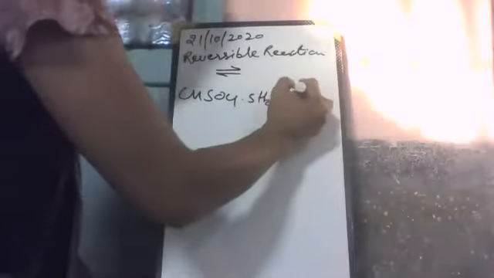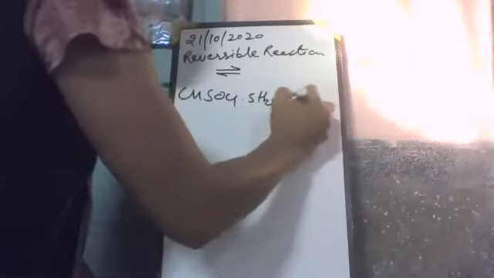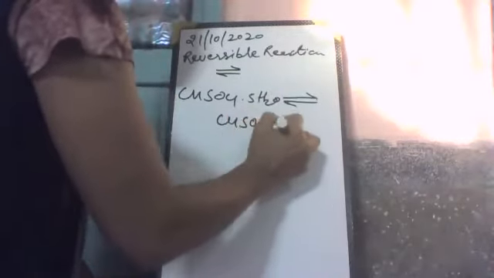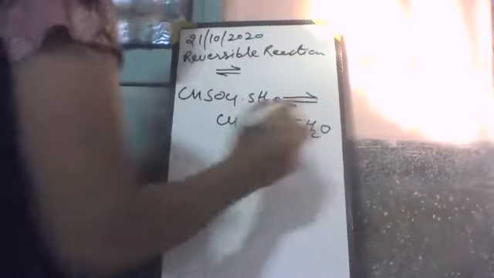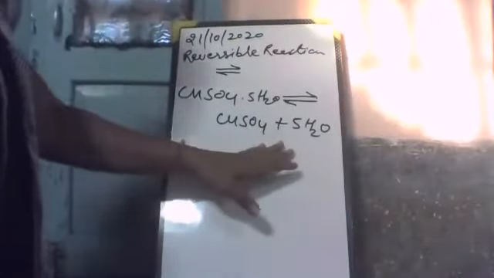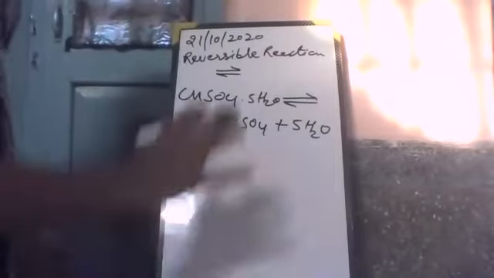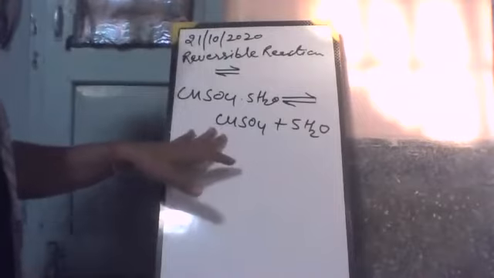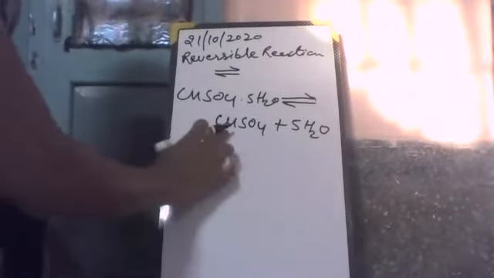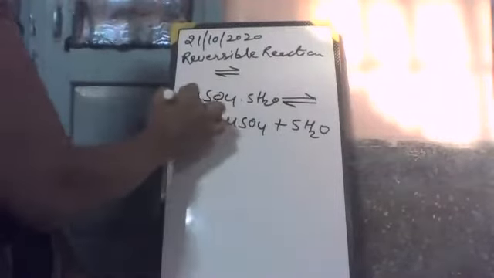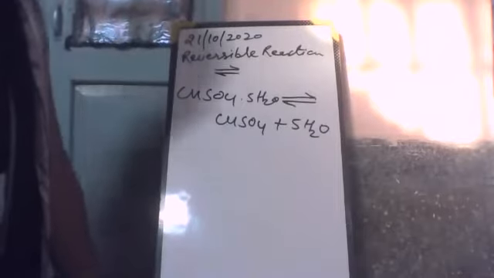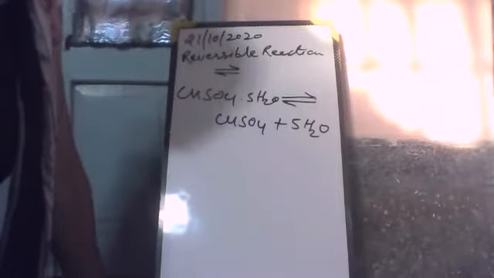On heating, first this water evaporates and it changes into CuSO4 plus 5H2O. When some drops or some vapor of water is added to the copper sulfate, it will again change into copper sulfate pentahydrate. This type of reaction is known as a reversible reaction.